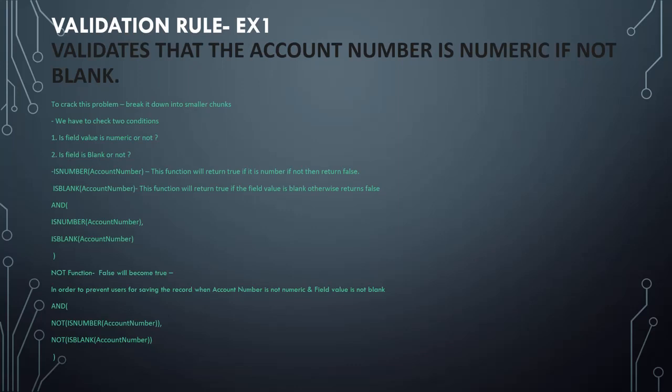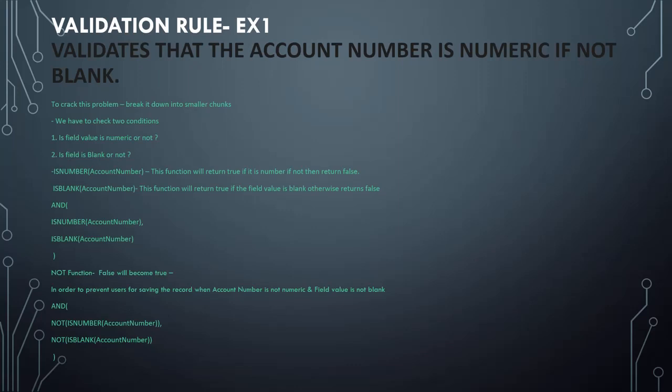But we have to return true in order to stop the record from the user's point of view. So we have to use the NOT function. The NOT function will basically reverse the true or false. So if it is returning false, it will become true. That's why we are using the NOT function here.